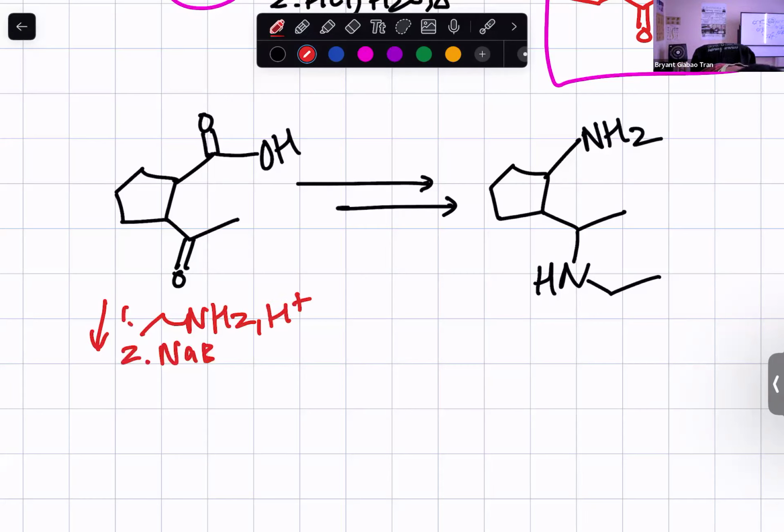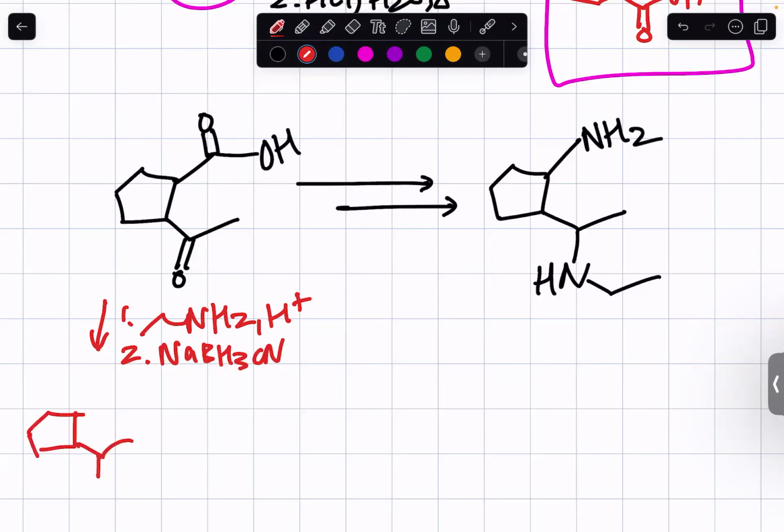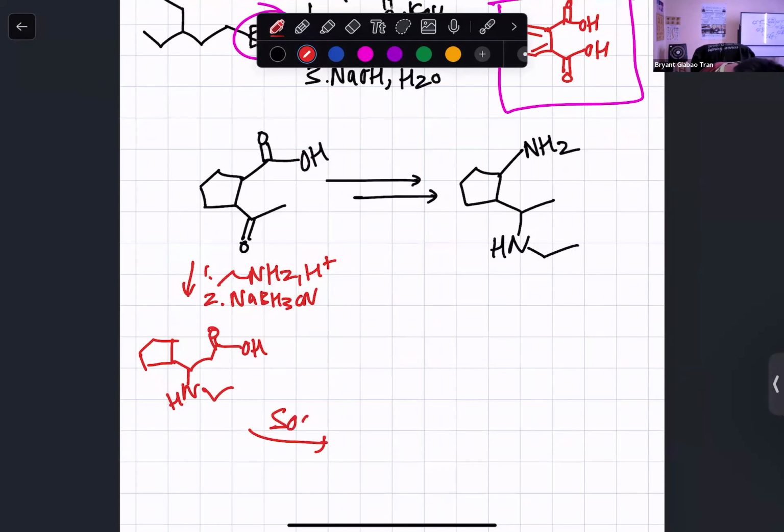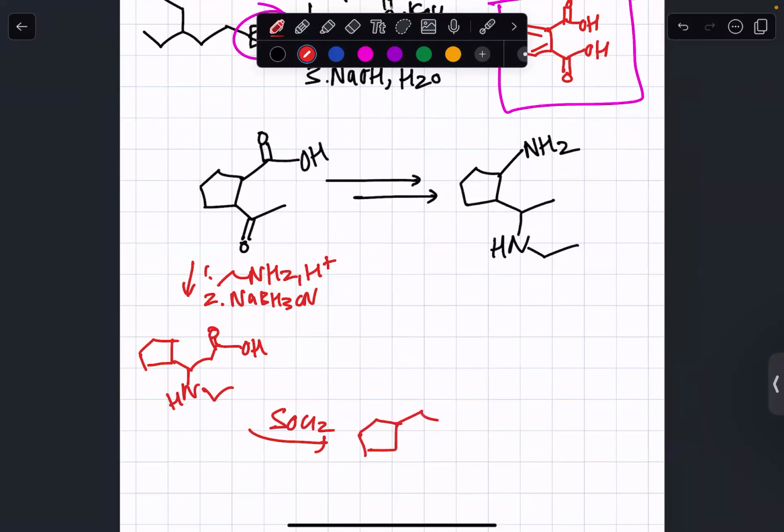That takes care of the ketone, making it into the secondary amine at the bottom there. Then I added SOCl2, which would make a better leaving group than the carboxylic acid. After that, I added NH3 to make an amide.